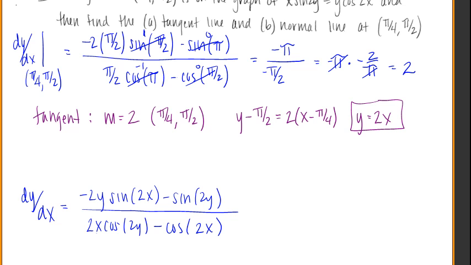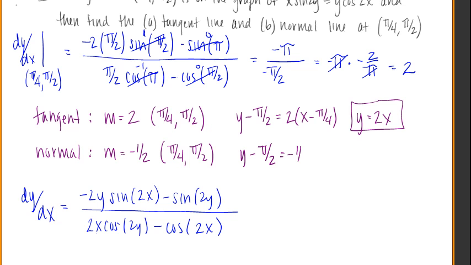So we just get y equals 2x for our answer for the tangent line. For the normal line, we use a perpendicular slope. So now it's going to be negative 1/2, still the same point, still y minus the y value, only difference here is a different slope. Okay, so we're going to get y is equal to negative 1/2 x, or negative x over 2.